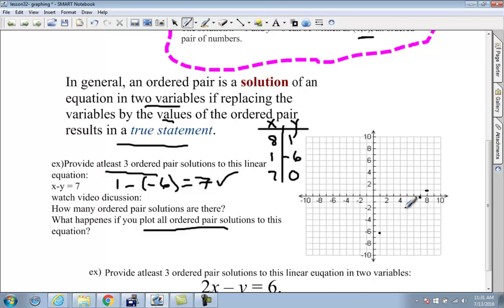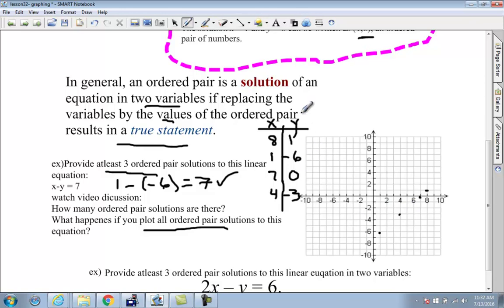And you start to think, maybe they're in a line. Well, let's fill in a little more. What if x were 4? What would y have to be? Well, -3 if you do the math, right? Because 4 minus -3 makes 7. Let's plot (4, -3). So over 4 down, aha! And you're starting to see that indeed these points are collinear.